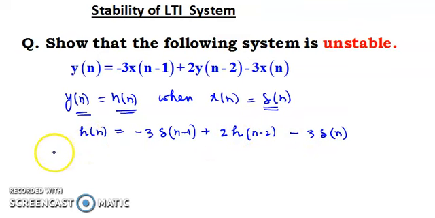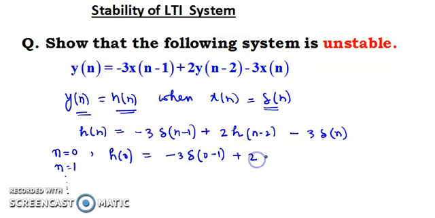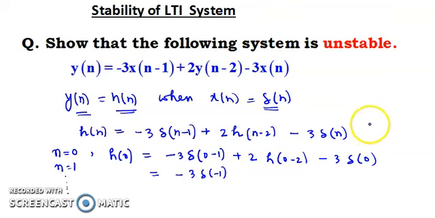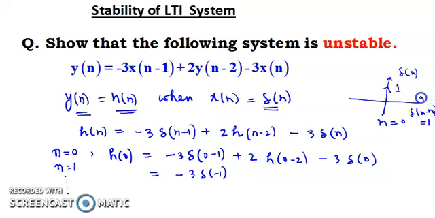We can start putting the values n = 0, n = 1 and so on. For n = 0, h[0] is equal to -3 delta[0-1] + 2 h[0-2] - 3 delta[0]. Now delta[n] is defined as 1 at n = 0, and delta[n - n0] is equal to 1 at n0 if there is a shift of n0, but delta[-1] will be equal to 0.